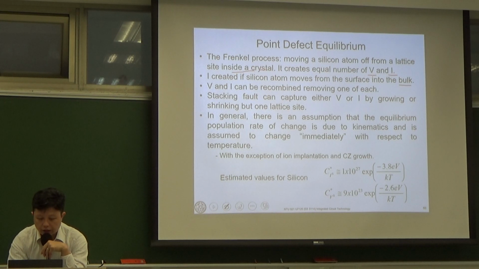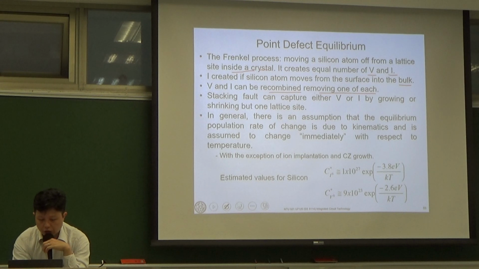And V and I can be recombined, removing one of each. So you can generate a V and I at the same time, and if they recombine, they will disappear at the same time.